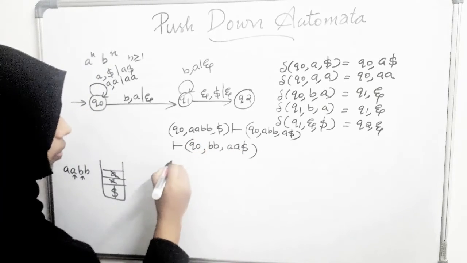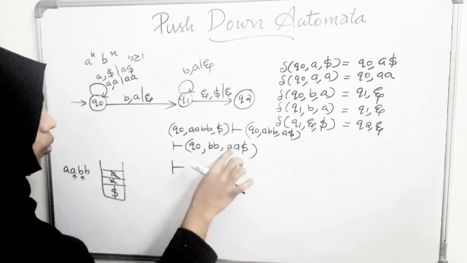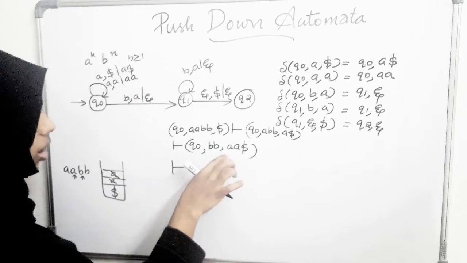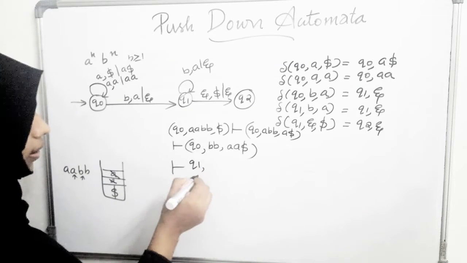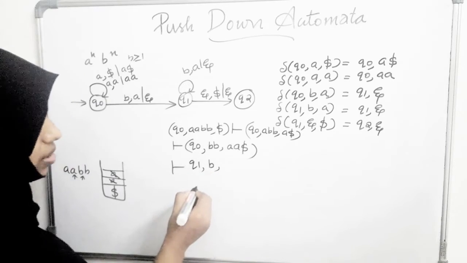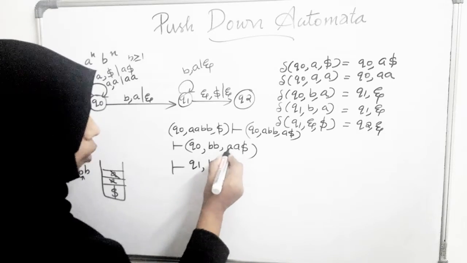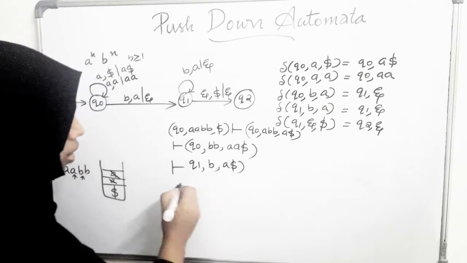Now when Q0 encounters B and on the stack top it is A, it goes to state Q1 and the B has been consumed. So the input is simply B, and you are popping A off the stack. So the stack top is A dollar.